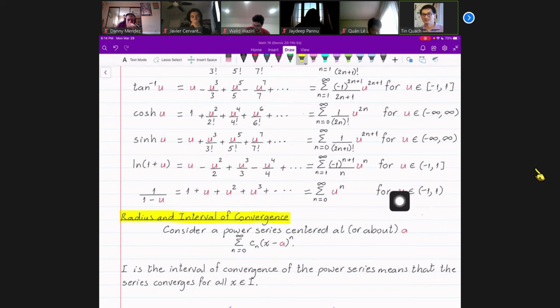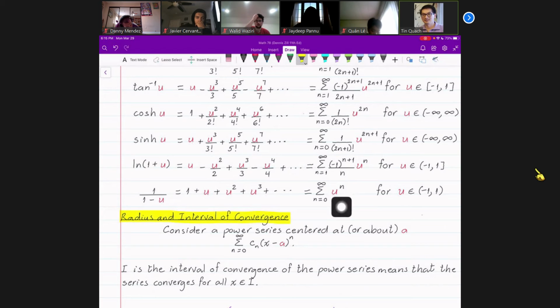Okay, so it's acting like the domain of a function. But for a power series, we don't call it a domain, we call it an interval of convergence. Because if a series is convergent, then we know that it has a sum. Here you're adding an infinite number of terms, so it's not easy to tell whether a series has a sum or not, right?